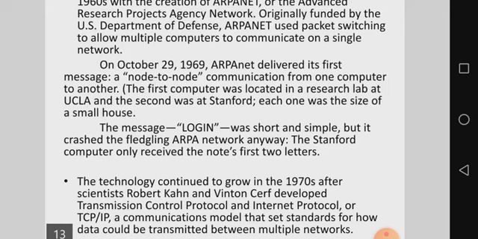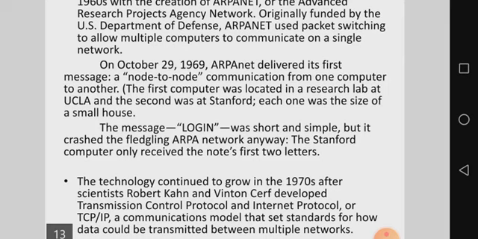These days we can exchange data from a smartphone to a laptop to a smartwatch or a smart TV, whatever it is, all in a single room, right? But at the time the first message was sent using ARPANET, it was sent between two universities.